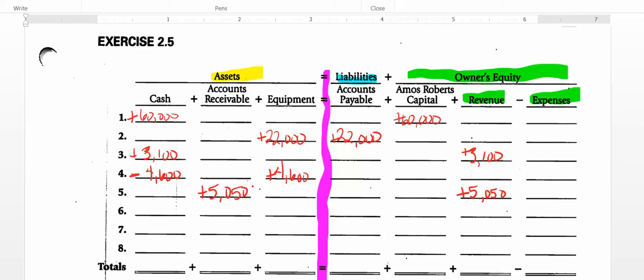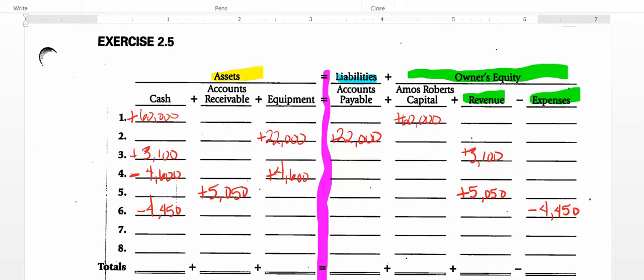Okay, item number 6, paid salaries of $4,450 to employees. So we are paying that out of our cash account, $4,450, and salaries is an expense, so that takes money out of our owner's equity. So we will be subtracting $4,450 eventually from our owner's equity.